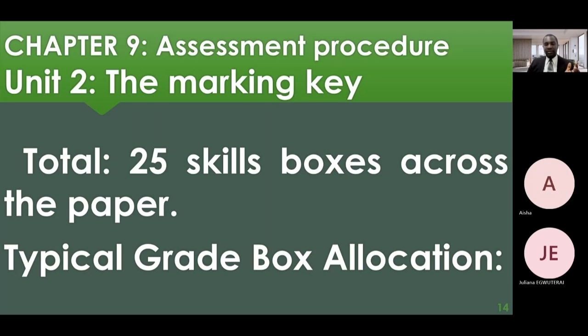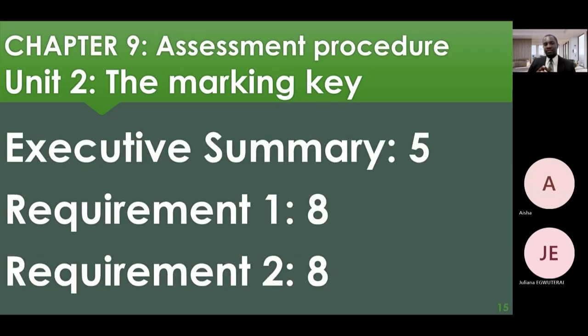Typically the grade box allocation is like this. For the executive summary, you have 5. We talk about your introduction, your method, the requirements. The whole executive summary has 5 marks. No, not 5 marks, 5 boxes. We are looking at the marking key now.